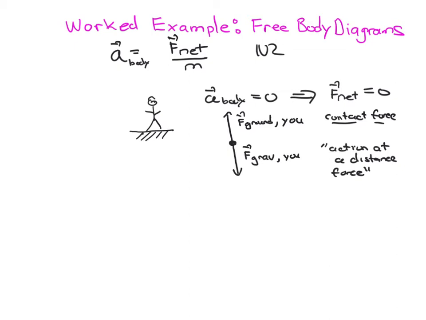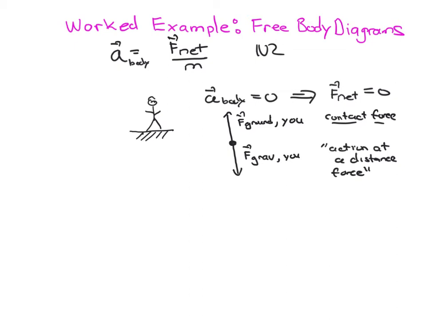So, as a device, when you go to draw these free body diagrams, once you've identified the body, the first thing you should do is ask what is actually touching the body? And those will lead you to all the contact forces in the problem. And then you always have to, in addition, ask: is there gravity in the problem? That's an additional force that you'll need to add. So that's a very simple example of how a free body diagram works.